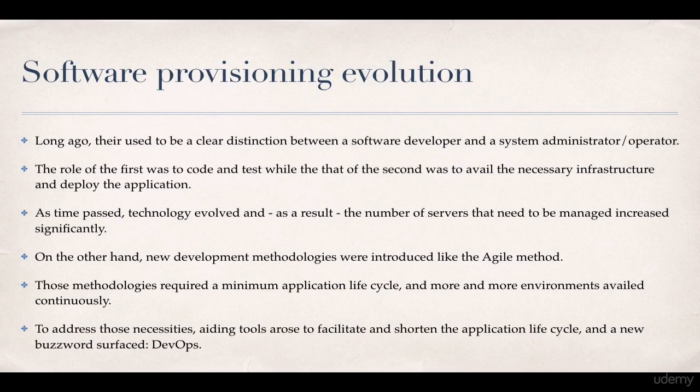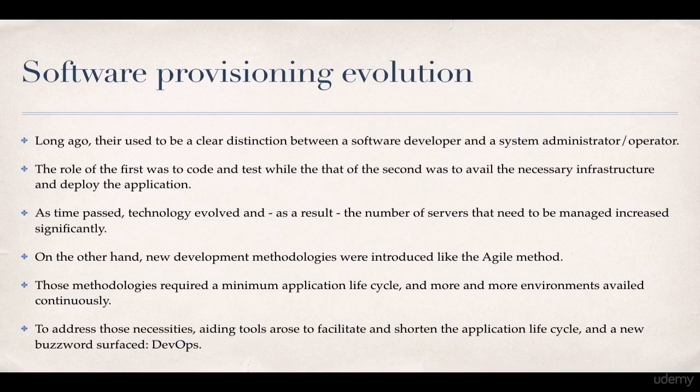And then after some bugs perhaps have been introduced, after some new requirements are made, the life cycle is repeated. The software returns to the hands of the developer to make any required changes and then hand it over to the operator or the system administrator to deploy it and to avail the necessary infrastructure, perhaps for a new environment, and so on and so forth. The life cycle continues until the software is finally released.